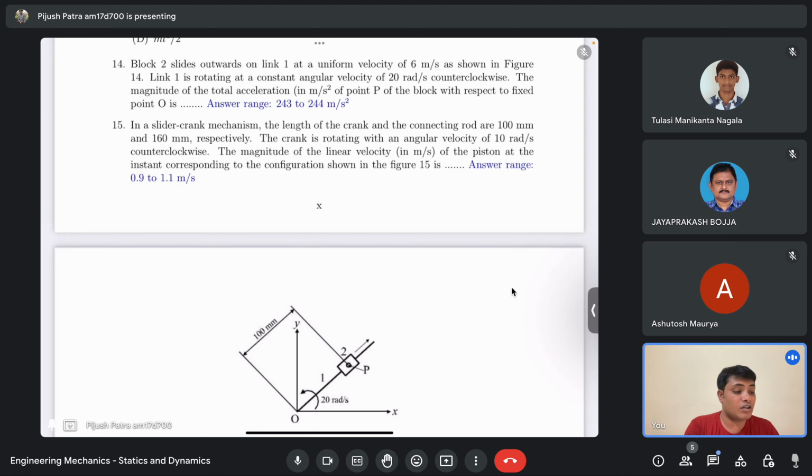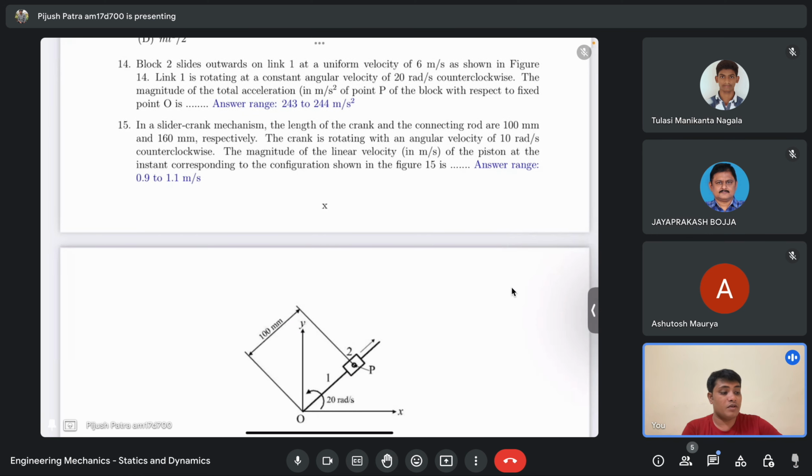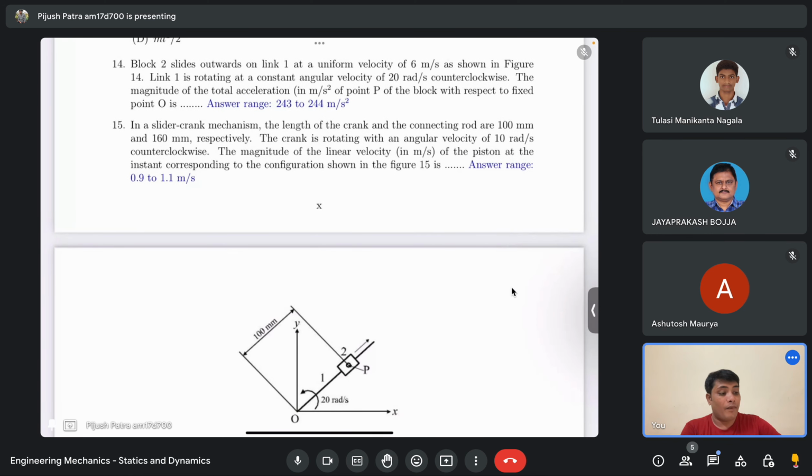What will be the direction of that acceleration? It will be along the theta direction, that means perpendicular to the rod. If my rod is like this and it rotates like this, then along this direction will be my Coriolis component of acceleration.